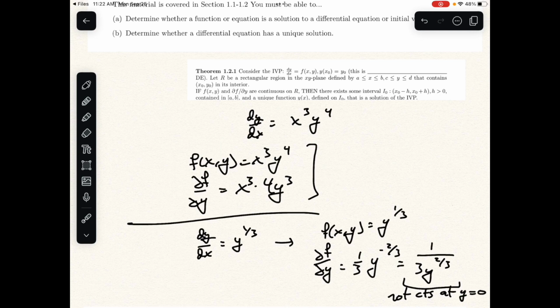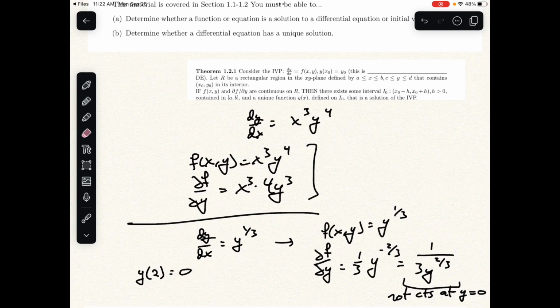If your initial condition was, say, y of 2 equals 0, then this would not have a unique solution because it's not going to be continuous at that point. There's no way to have a whole region where del f del y is continuous, because the region has to contain the point 2 comma 0, where y is equal to 0.